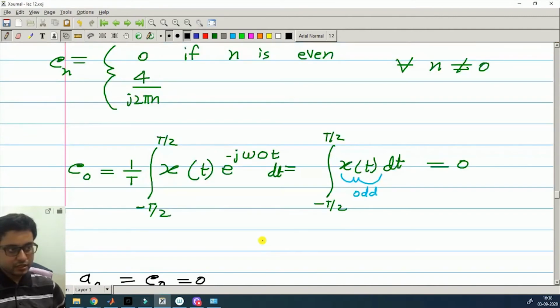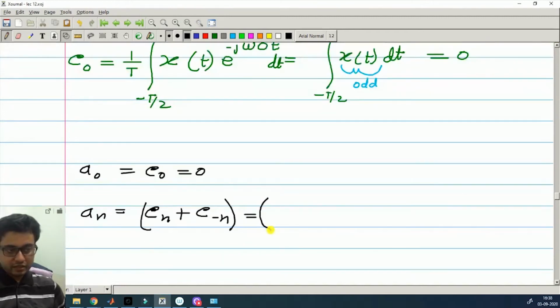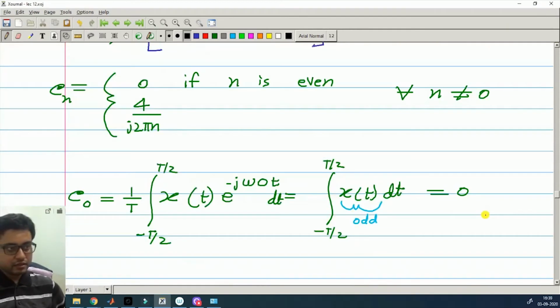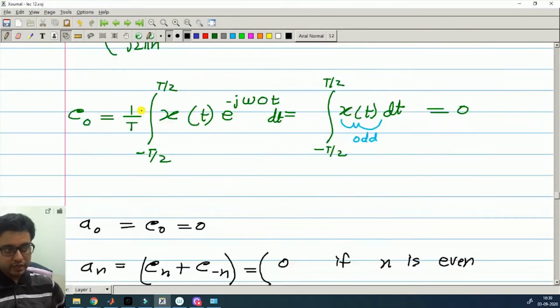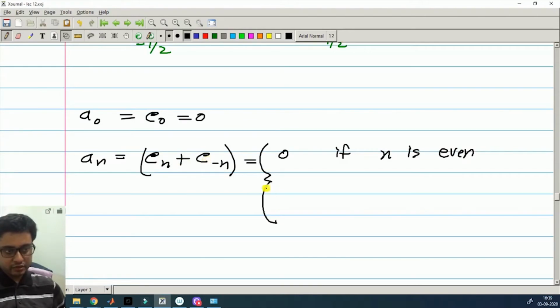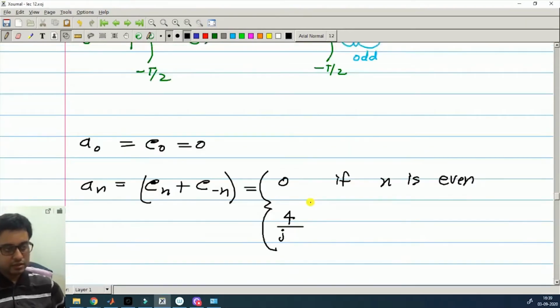Now this will be equal to 0 if n is even, and otherwise we have cn, so that is 4 by j 2 pi n, plus c minus n, that is 4 over j 2 pi minus n, okay, if n is odd.